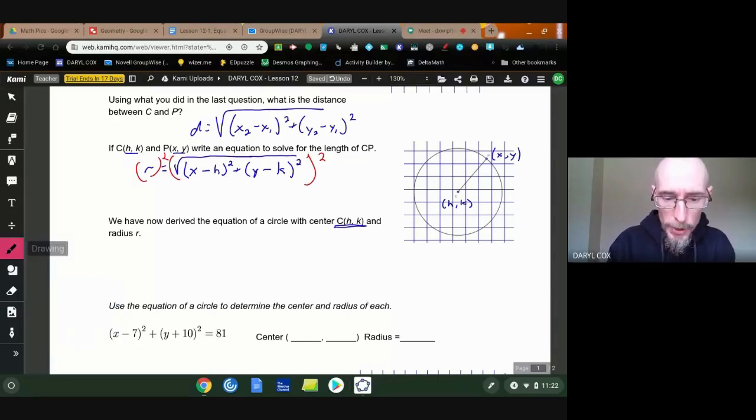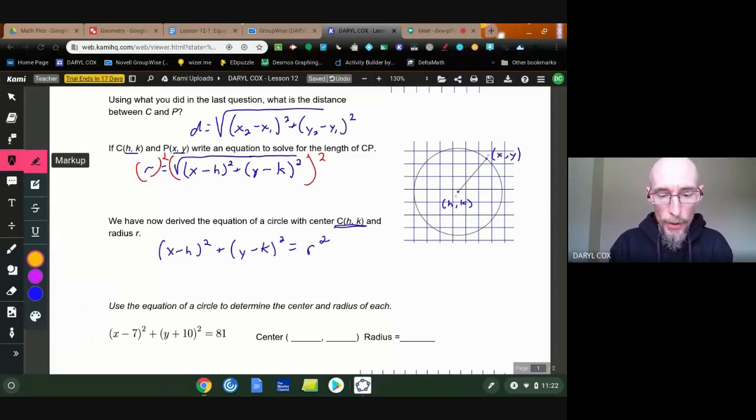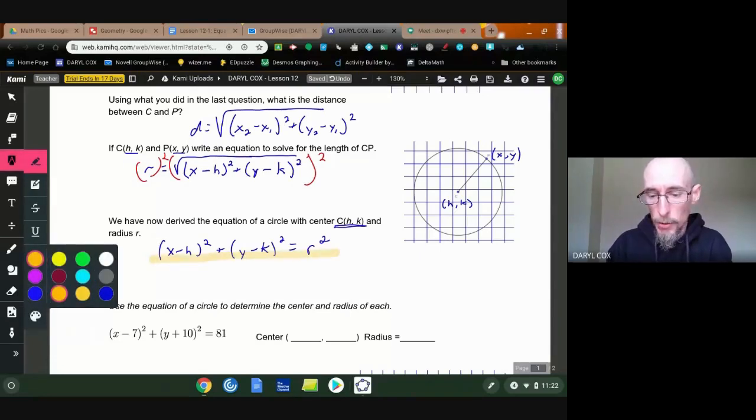That's going to leave me with an equation where the squared and square root cancel each other: x minus h squared plus y minus k squared equals r squared.